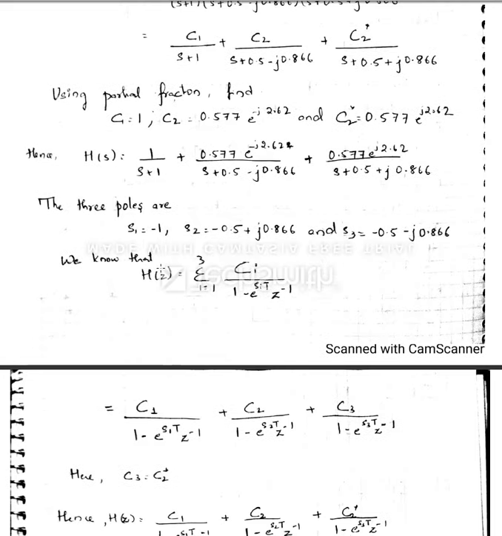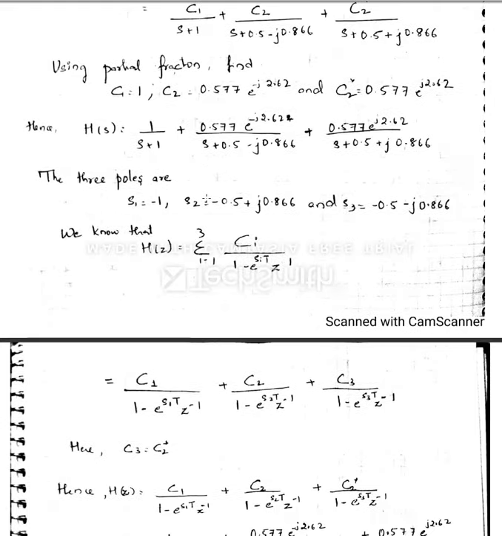So the 3 poles are S1 equal to minus 1, S2 equal to minus 0.5 plus j 0.866, S3 equal to minus 0.5 minus j 0.866. So that is why this is third order. That is nothing but the order of the filter N is 3, which means you have 3 poles.